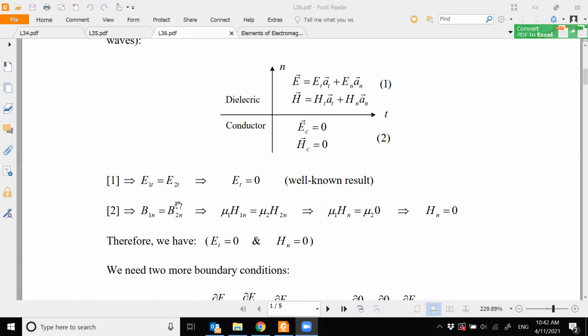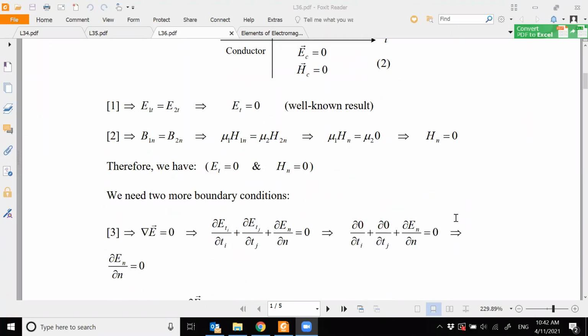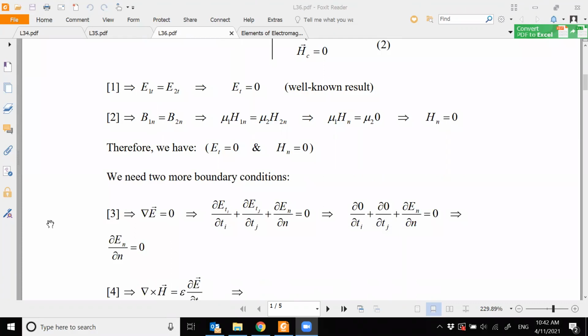Second, the normal component of the magnetic field. B1 normal must be equal to B2 normal. And now here, mu1 H1 normal is equal to mu2 H2 normal, where mu1 and mu2 are for this and this region. But we don't have the magnetic field in region 2. This is 0. So therefore, H normal should also be equal to 0. So we got two boundary conditions, which are E tangential is 0 and H normal is 0.